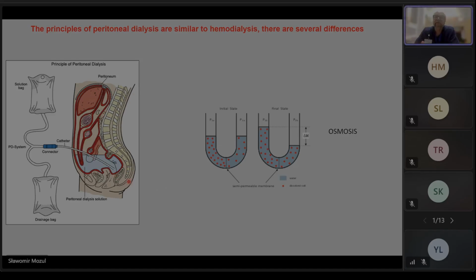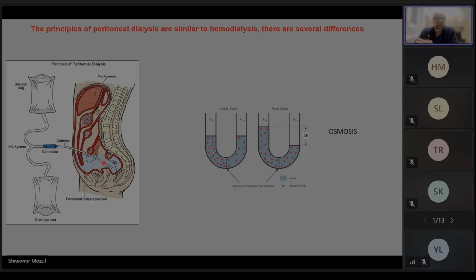Fluid removal, ultrafiltration, is achieved by osmosis in this method because there is glucose in the dialysis solution, and it causes free water and some dissolved solids to move across the membrane into the fluid.